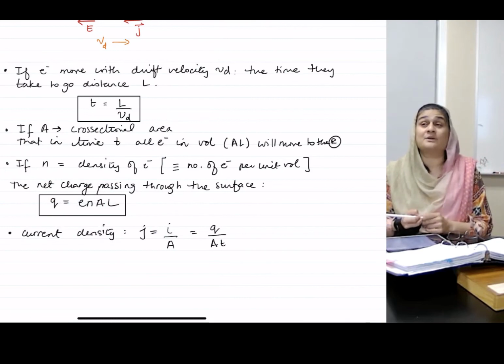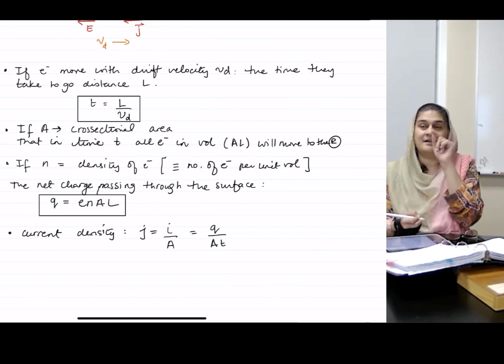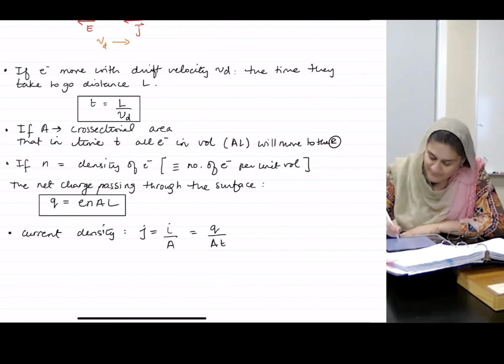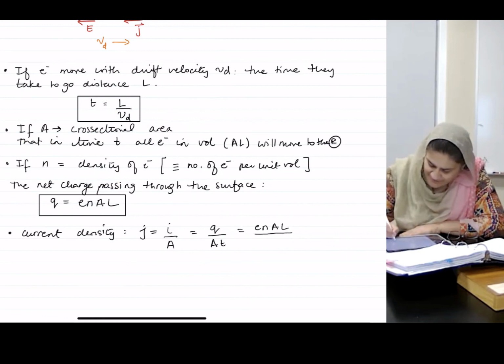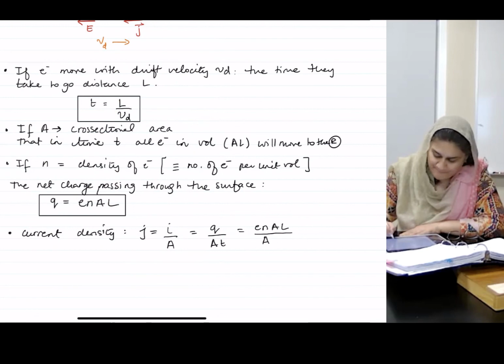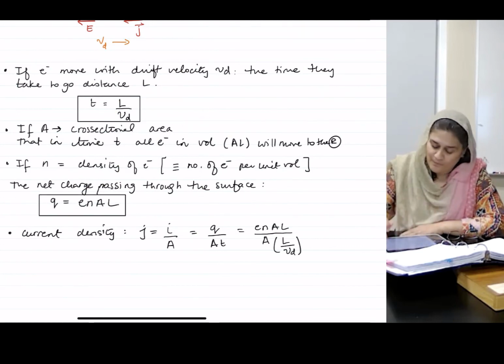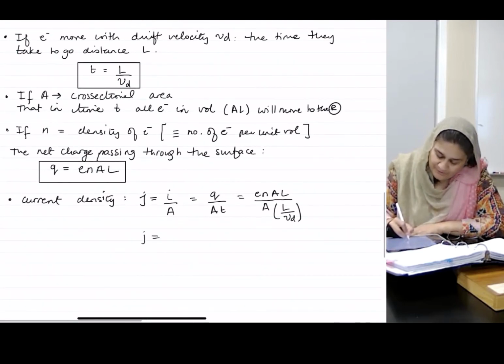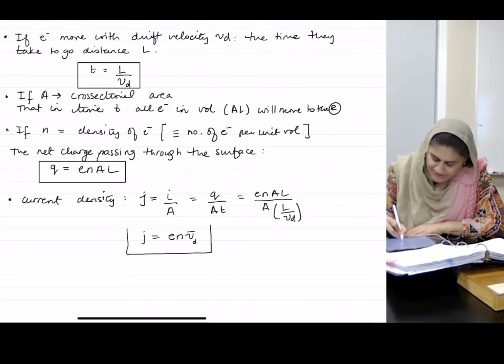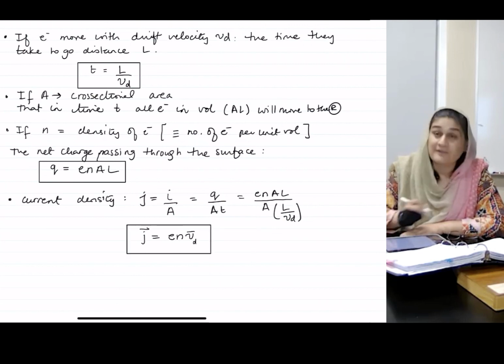Is I equals dQ over dt? That in time t and charge Q, may I rewrite this as ENAL divided by A, L over Vd, or drum roll, current density is given by that.